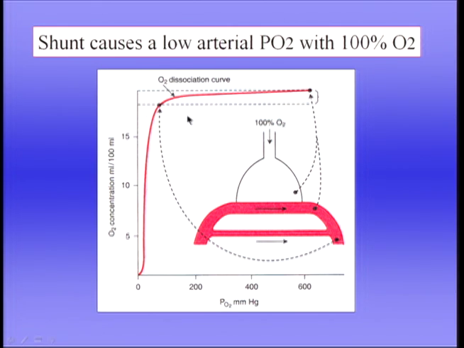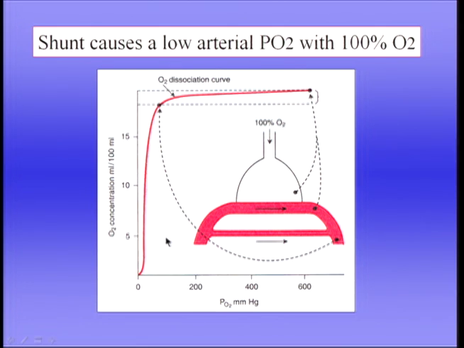But look at the fall in the PO2. It's dramatic. And that's because this curve is almost flat. It has a very shallow slope in this upper part. So although the fall in oxygen concentration caused by the shunt is not very great, the fall in PO2 is tremendous. So in this particular example, the PO2 of the arterial blood here is going to be, I don't know what that is, it's certainly less than 100, between 50 and 100.